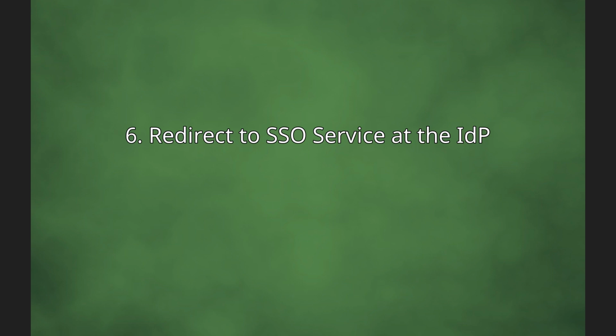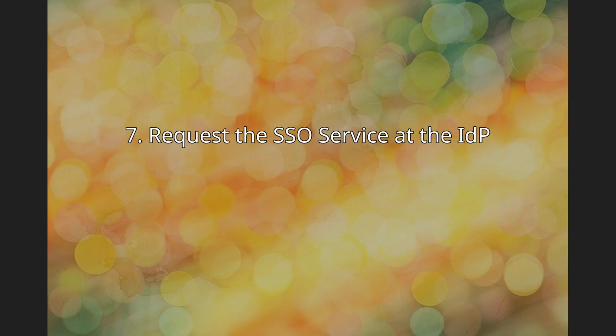For an outline of how to construct the query string, see the corresponding SAML protocol flow in the SAML 2.0 article. Refer to SAML Core for details. 7. Request the SSO service at the IdP. The browser user requests the single sign-on service endpoint at the identity provider by virtue of the redirect.